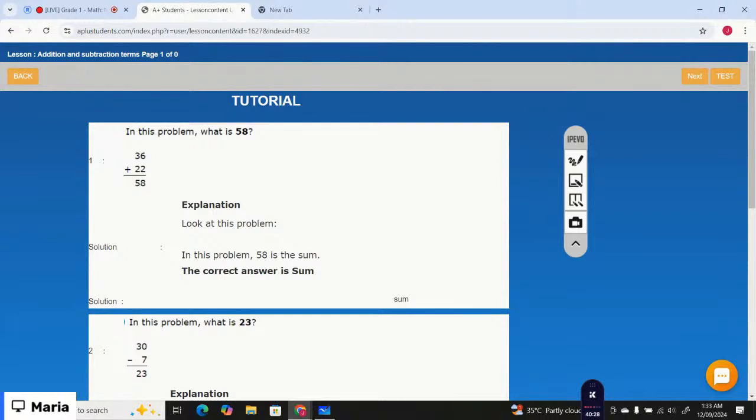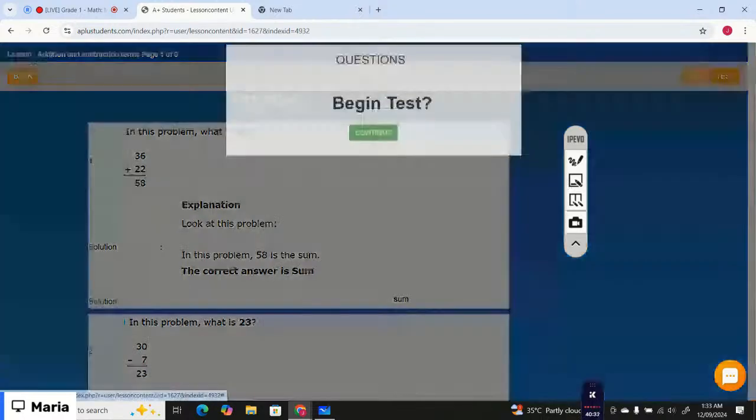So when you add two numbers, the answer is the sum, right? So 58 is the sum of 36 and 22.